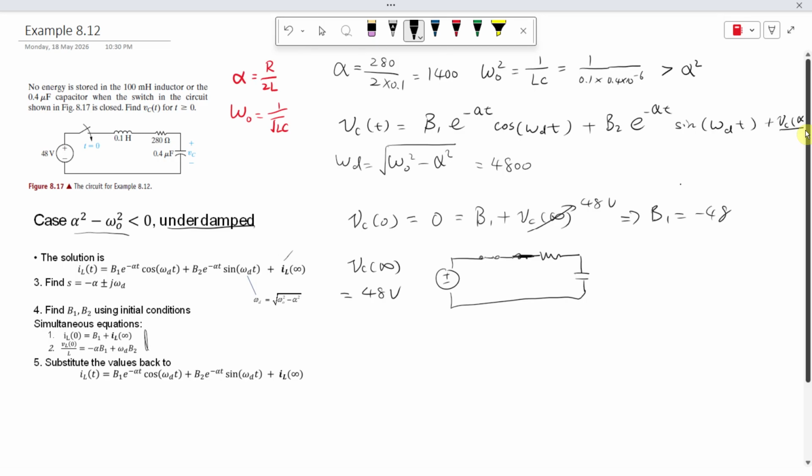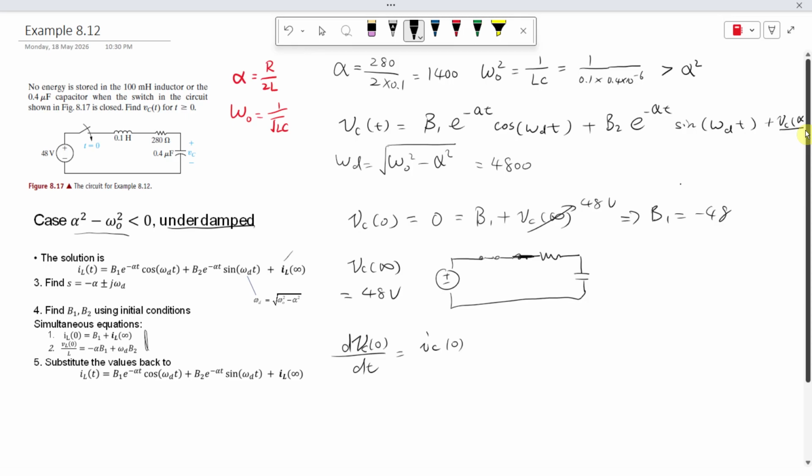What about the next part? The next one is we're using dV/dt. So this is Vc, so it's going to relate to the capacitor current.